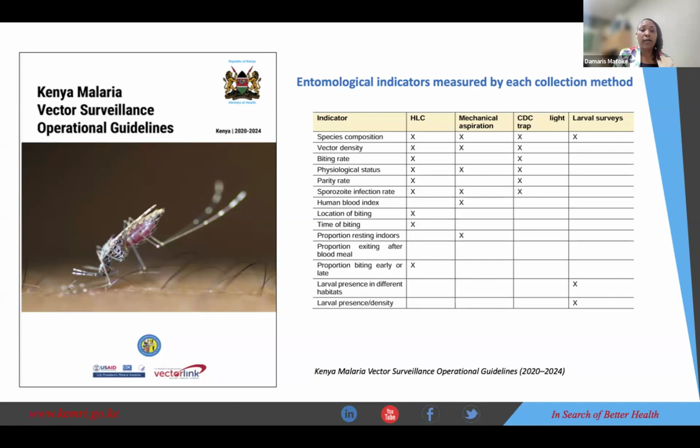We also look at the proportion resting indoors, the proportion that exit after a blood meal, and the proportion biting early or late. Finally, for larvae, we look at presence or absence and larval densities.